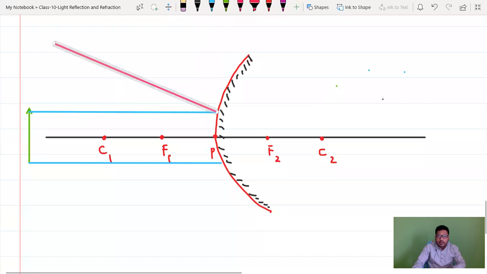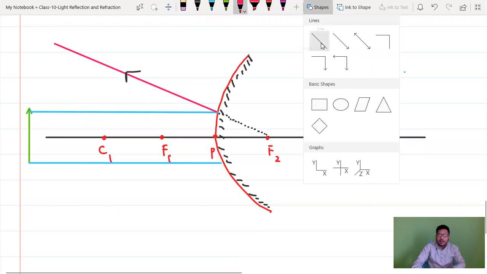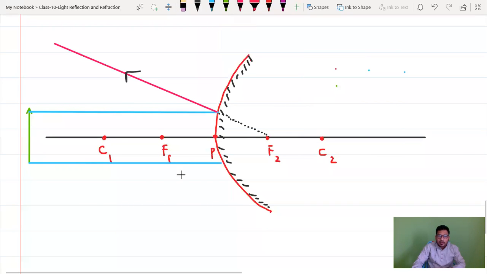But you see, this is the first incident ray, it is diverging, but if you draw imaginary lines, it will touch the focus. Next incident ray, the next reflected ray down here, after touching the mirror, of course it will diverge.